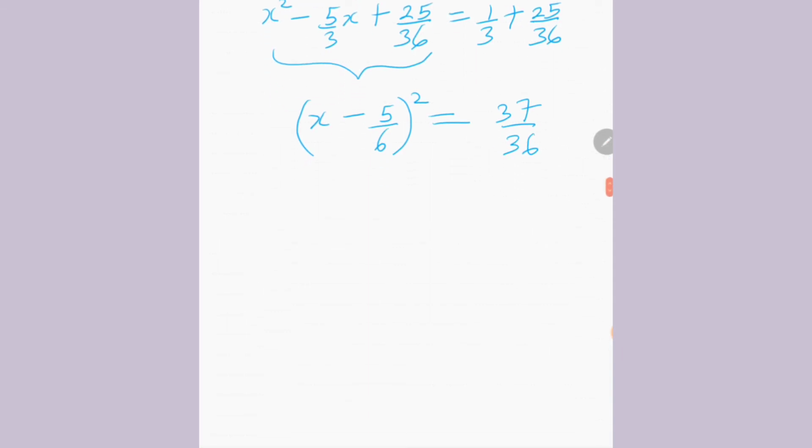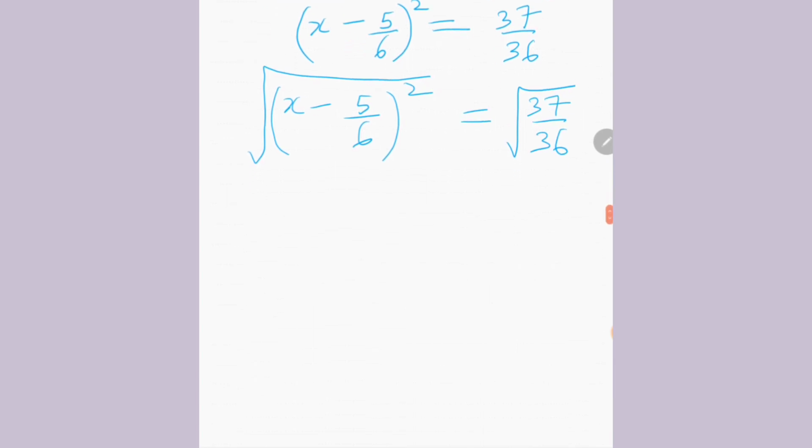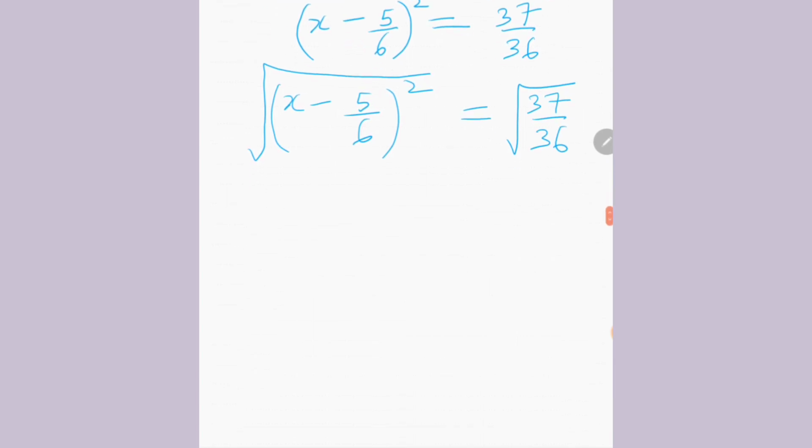Then you take the square root of both sides, so you are going to have x minus 5 over 6 all squared. If I take the square root, I'm going to have the square root of 37 over 36. This is similar to the example before this one. Then this will cancel this, so you have x minus 5 over 6 equals, you introduce a plus or minus, square root of 37 over 36.